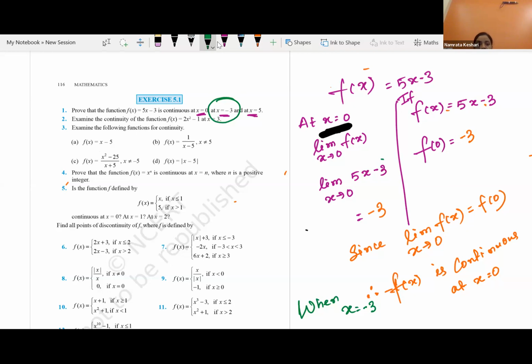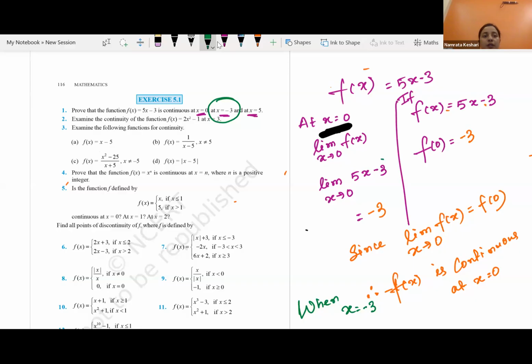Minus 18. All are the same, the limit and the function's value at minus 3. Yes. Okay, so in the same way you can write that the function is continuous at x equals minus 3. Are you understanding what we are doing, Miraj, and why we are doing it?